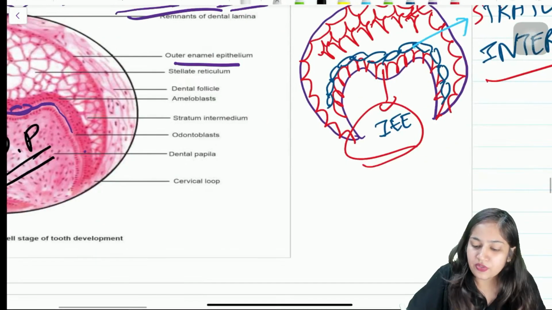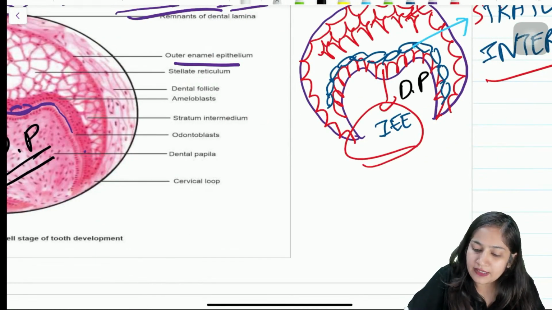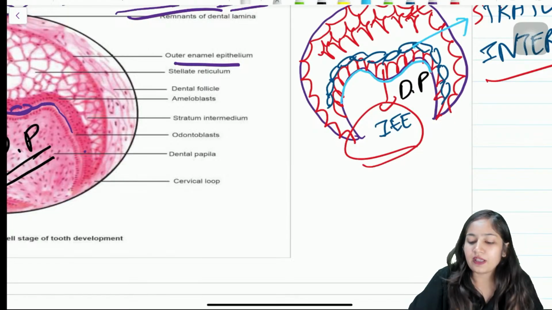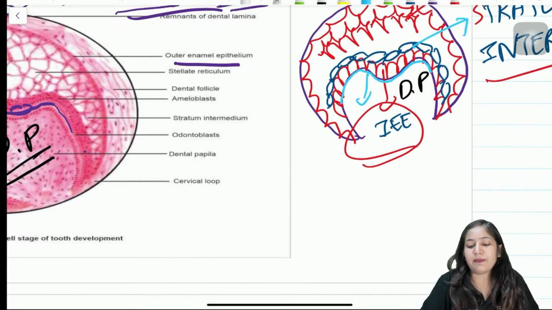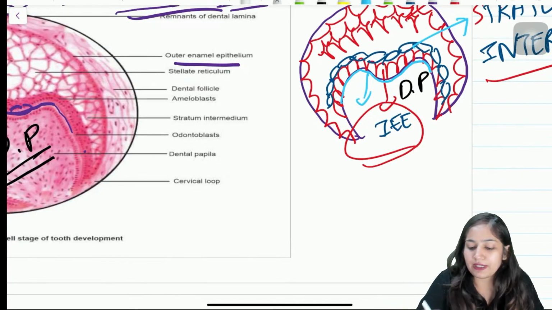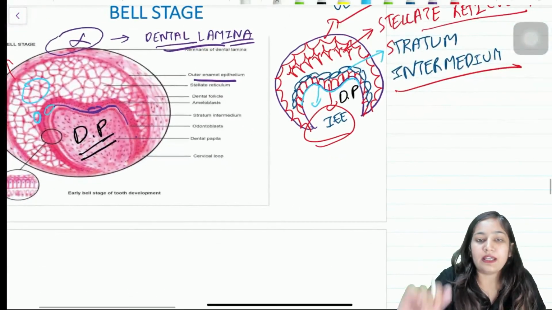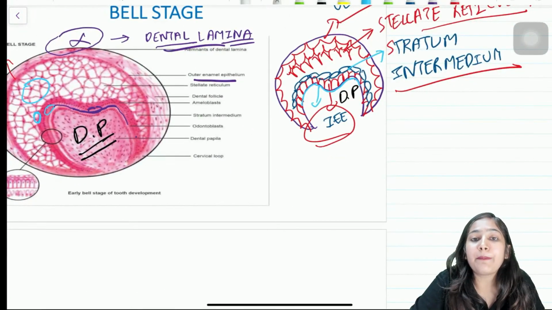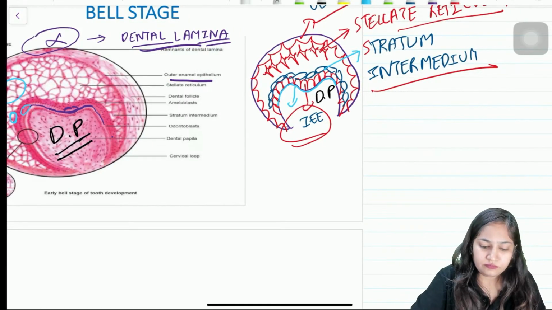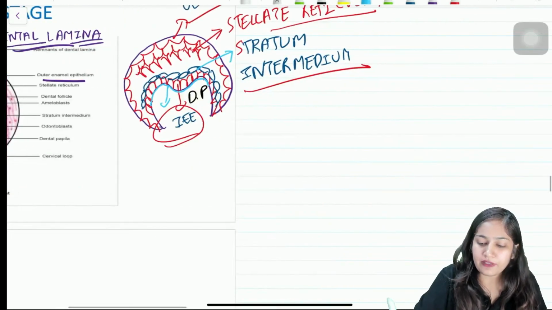Here also, this light blue line is our basement membrane. This basement membrane is separating the inner enamel epithelium from the dental papilla. It is known as membrana preformativa.